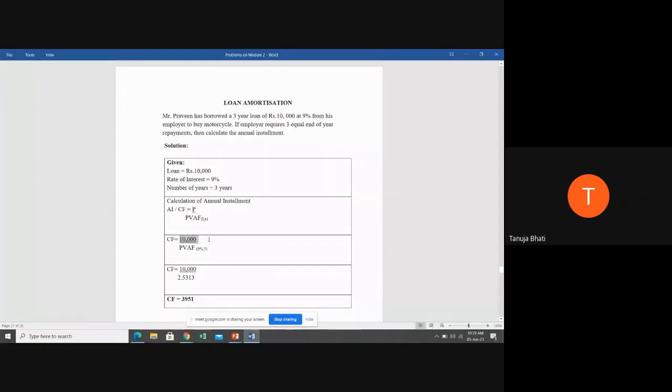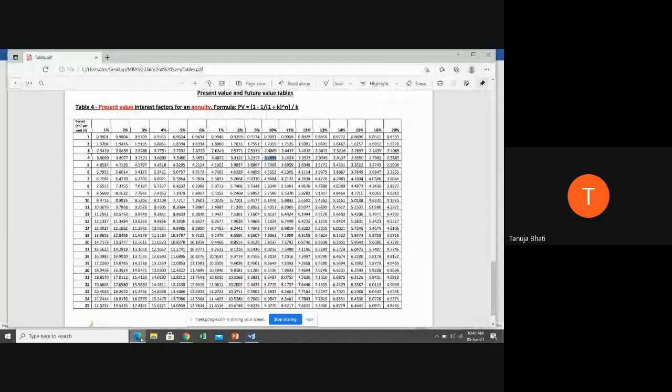So it is 10,000 divided by present value annuity factor, 9% for 3 years. So we have written the cash flow 10,000. Now 9% for 3 years. You will again see table number 4. 9% for 3 years, it is here. That is 2.5313.